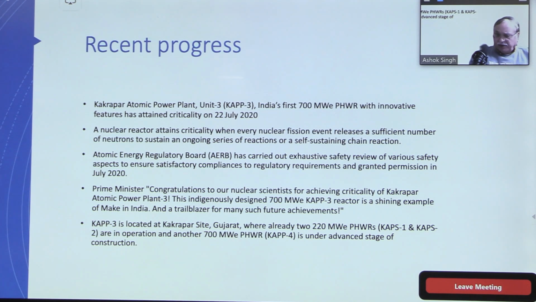In July 2020, in fact, it was the 22nd July 2020, during the COVID-19 pandemic period, the Kakrapar Atomic Power Plant Unit 3, this is called KAPP 3. This is India's first 700 megawatt PHWR with new innovative features.